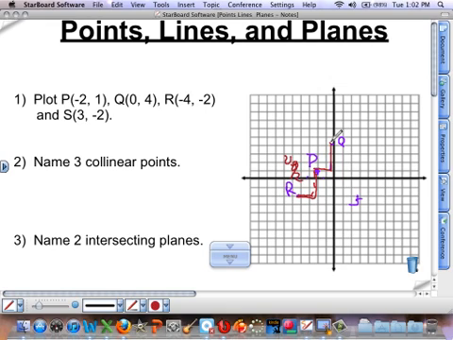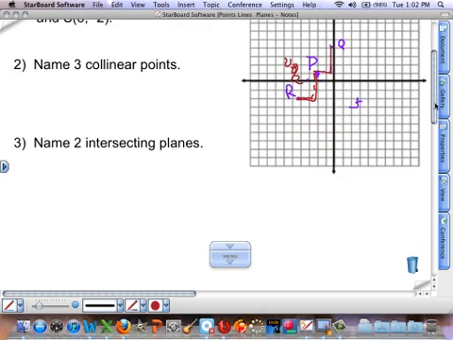All right, and Jake, what about number 3? Two intersecting planes. Let's change up the lines. Might be a little easier to answer that. Two intersecting lines. So line RS, right?